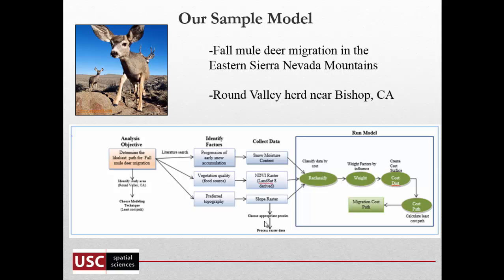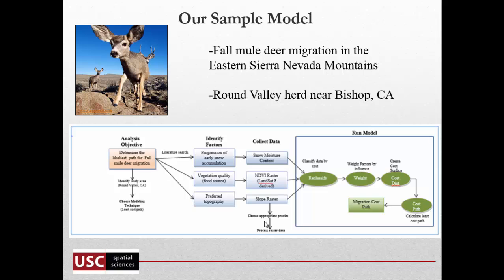The figure at the bottom of the slide depicts the general modeling process required to accomplish this sort of model. First step is to analyze the objective. What is the study area? What is the scale? What modeling technique are we going to use? Followed by a literature search. What cost factors drive deer to go in one direction or another?